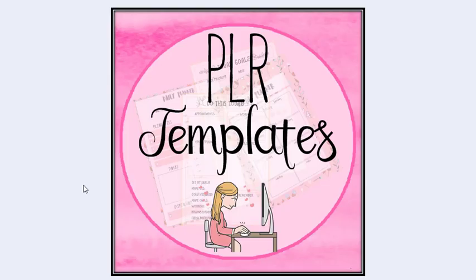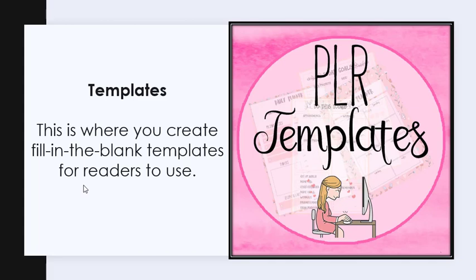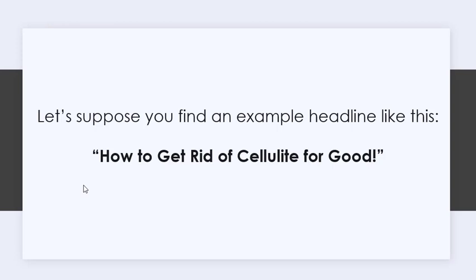Templates. Now, this is where you create fill-in-the-blank templates for readers to use. In this case, you pull examples out of the PLR content, but leave key points blank for readers to fill in themselves with the necessary information. So let's go back to the example of a copywriting product where you are pulling the headline examples.